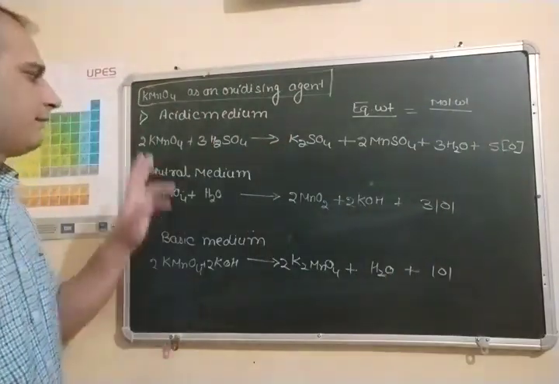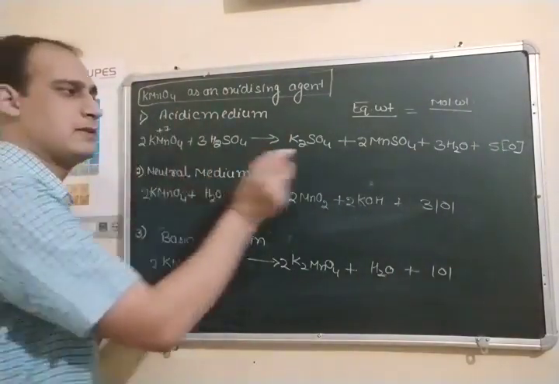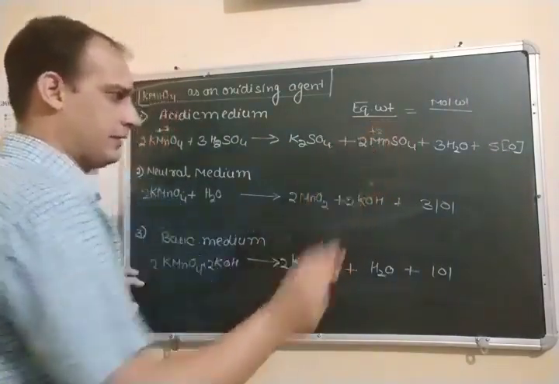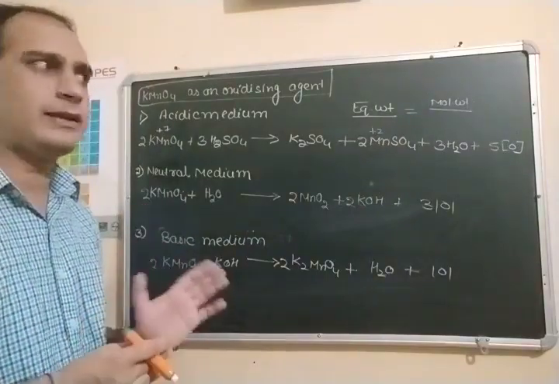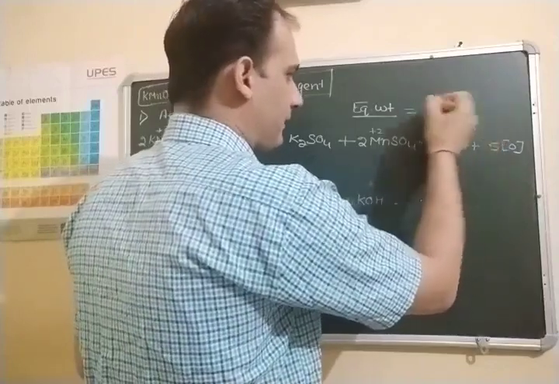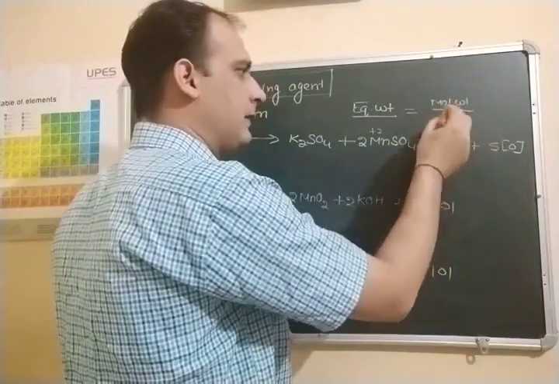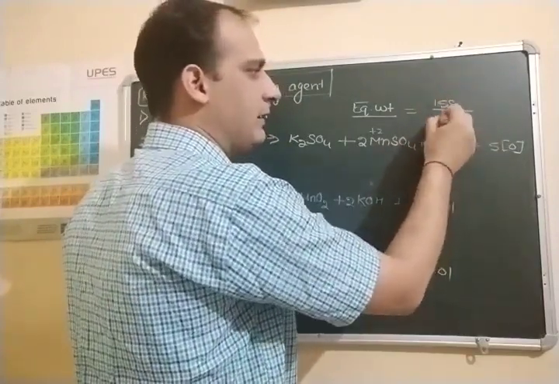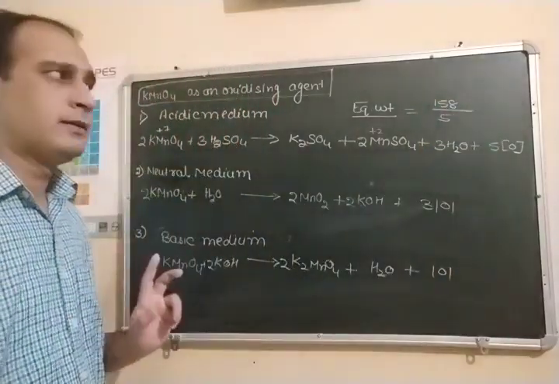So here manganese was present in which oxidation state? +7 oxidation state, and here manganese is present in +2 oxidation state. So there is gaining of how many electrons? 5 electrons. So here you will divide the molecular weight by the number of electrons transferred. The molecular weight of KMnO4 is 158 gram, and there is gaining of 5 electrons by manganese.